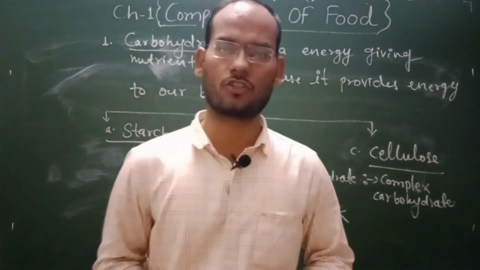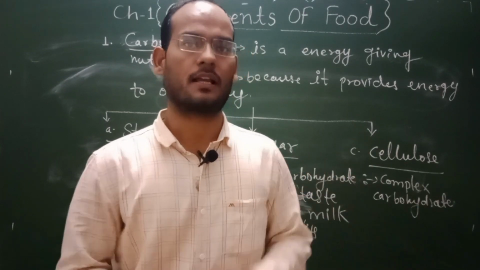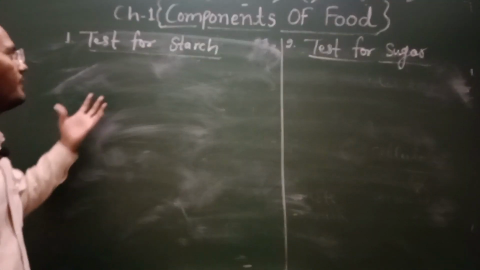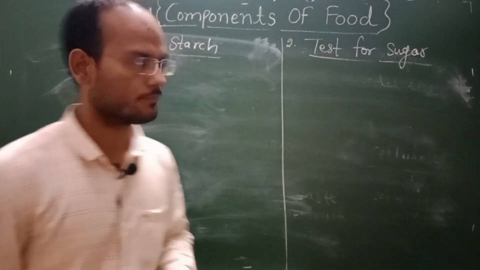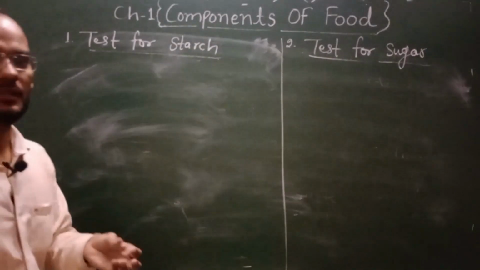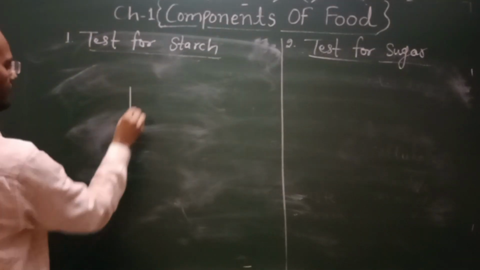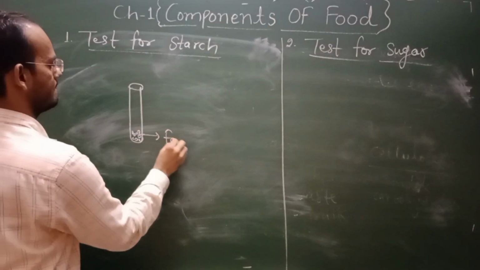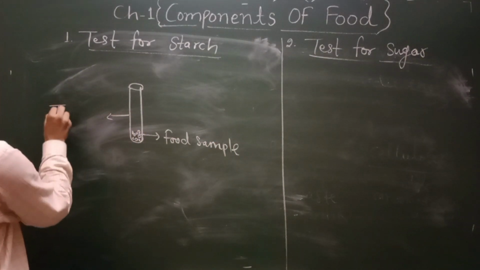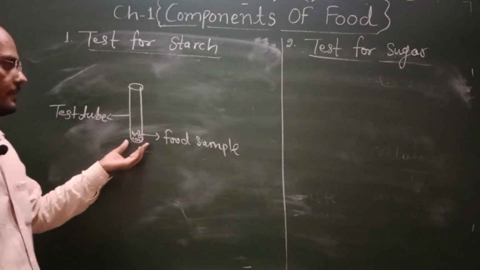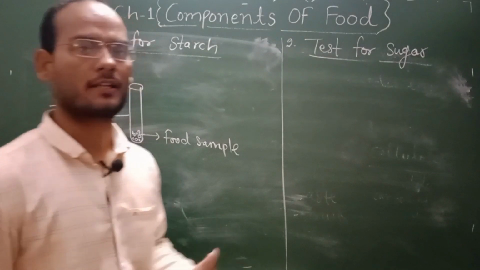Now we will talk about the next topic: tests for sugar and starch. How can we test for the presence of starch and sugar in a given food sample? First, we will talk about the test for starch. Take a small food sample in a test tube, and add 1-2 ml of water to it.